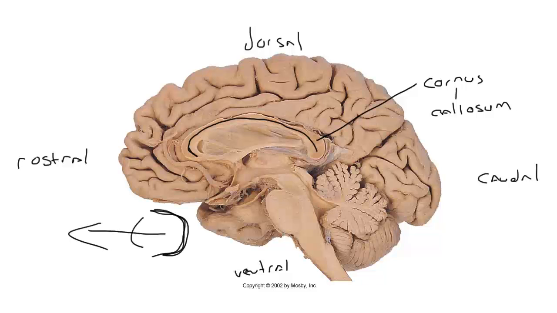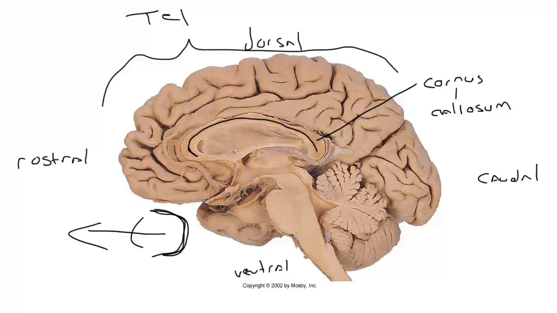The reason I wanted to show you this, however, was to take those embryonic divisions we've seen and tell you what they look like in an adult. So all of this cerebral cortex, all of it, is telencephalic. And if we were to dig into this region in here, we would find some nuclei under here that are also telencephalic.